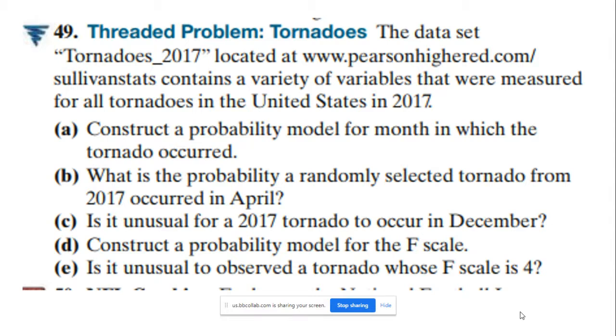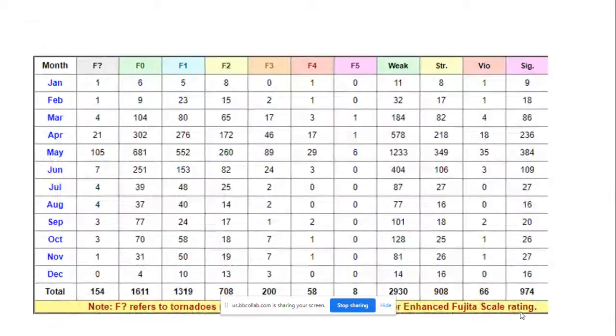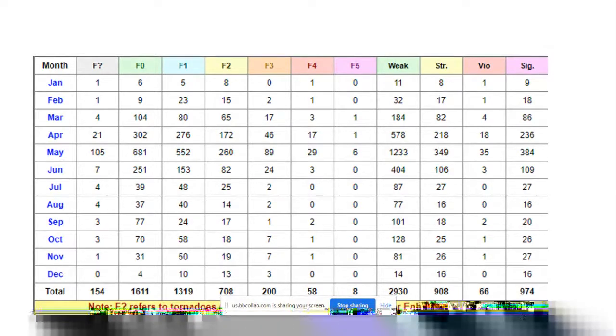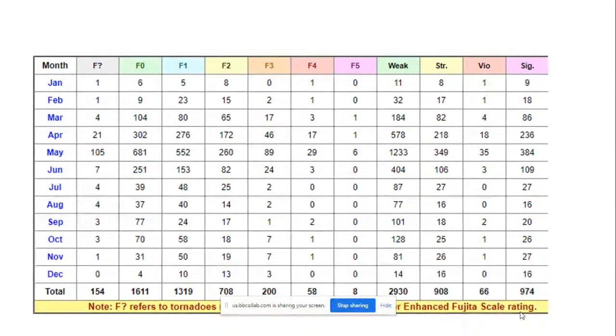So Linda's going to go to the very next slide, and this is the slide that I found. Now this is talking about tornadoes. It's not exactly what Michael Sullivan had, because he had all the tornadoes in 2017.